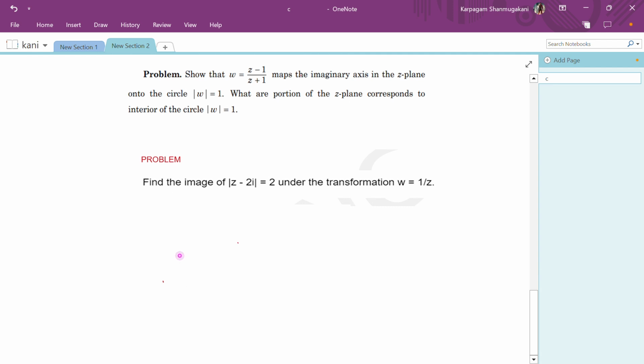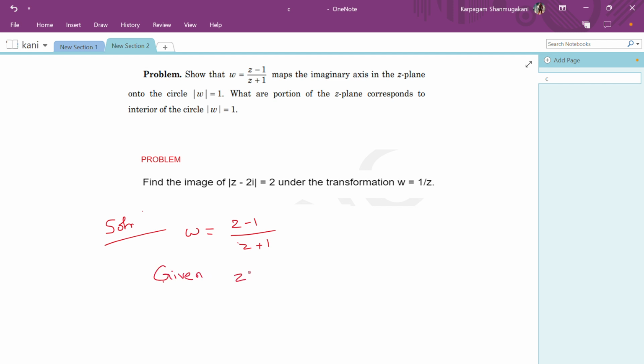Solution for the first problem. What is the given transformation? W equal to (Z minus 1) divided by (Z plus 1). In the W plane, we are given a circle. What is the given circle?